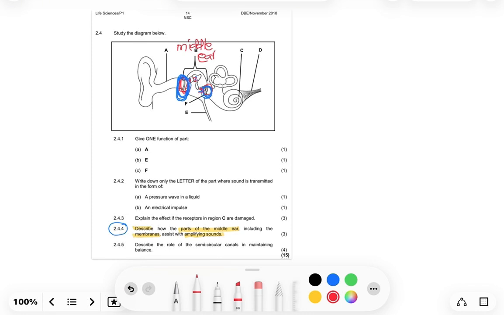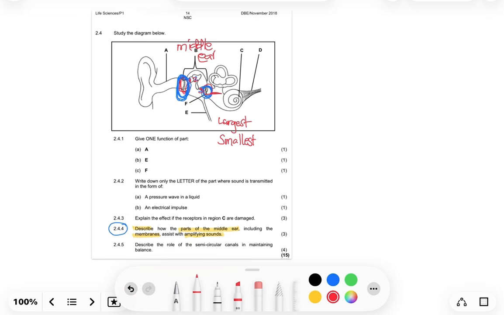Right, so through the ossicles. We also need to note that these ossicles are arranged according to size, from largest to smallest. And the sound vibrations are also coming from a larger membrane, and they are transmitted through a smaller oval window, which we find here.